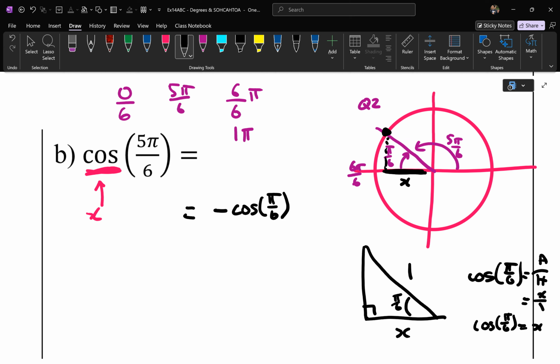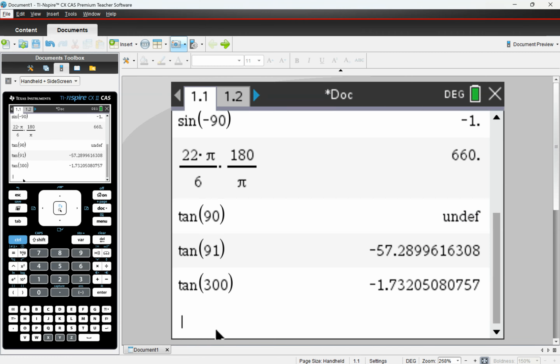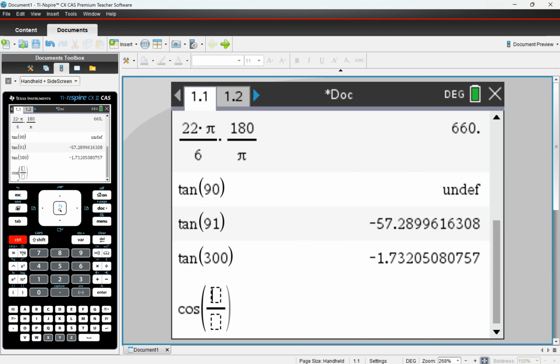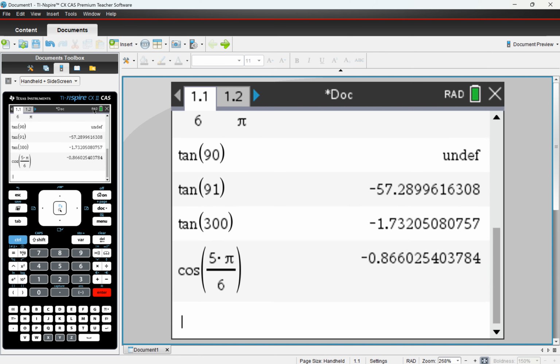You could have done another full revolution to get there as well, but they're trying to use what you currently know. Watch when I type on my calculator cos of 5 pi on 6, and yes, you can type pi in your calculator too. I'm going to change the mode to radians again, and that gives you negative 0.866, right?